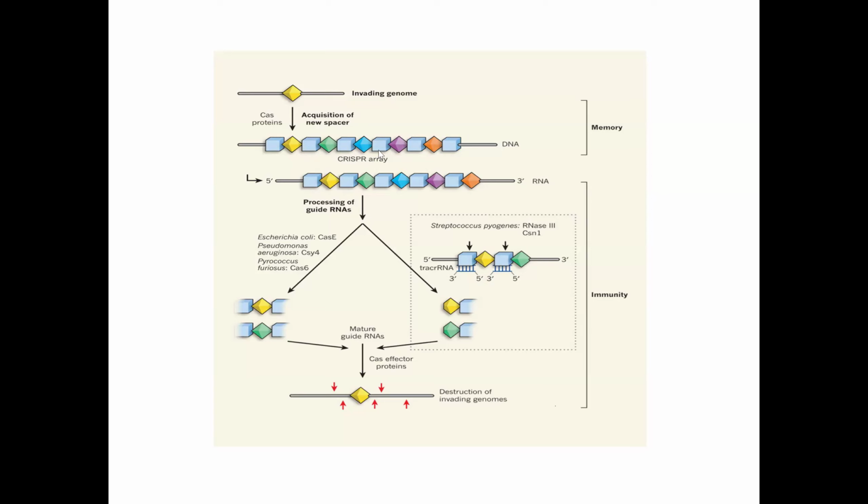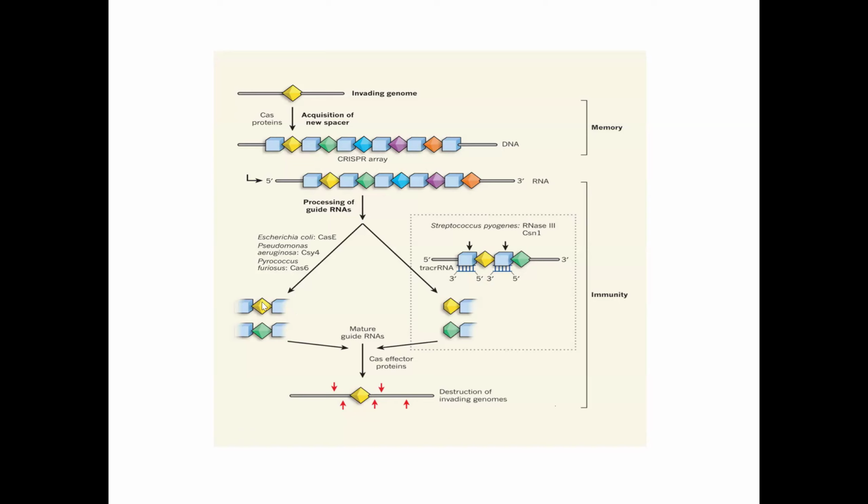Now, this CRISPR array is transcribed, and a long RNA is formed. We call it the pre-CRISPR RNA. This pre-CRISPR RNA is subject to some processing. In different types of bacteria, different enzymes are able to break down this CRISPR RNA, so a kind of splicing happens.